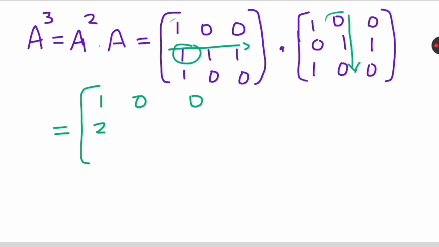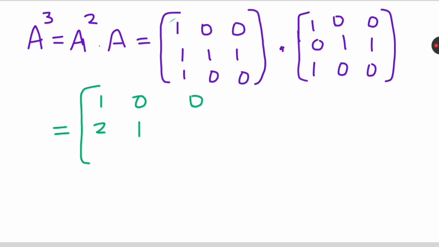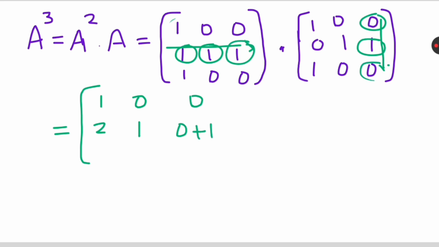So 1 times 0 is 0, plus 1 times 1 is 1, plus 1 times 0 is 0. So 0 plus 1 plus 0, which gives only 1. Just write only 1. Now we have to do second row with the last column. 1 times 0, 0. 1 times 1, only 1. So 0 plus 1. Then 1 times 0, which is 0. So 0 plus 1 plus 0, which gives only 1.